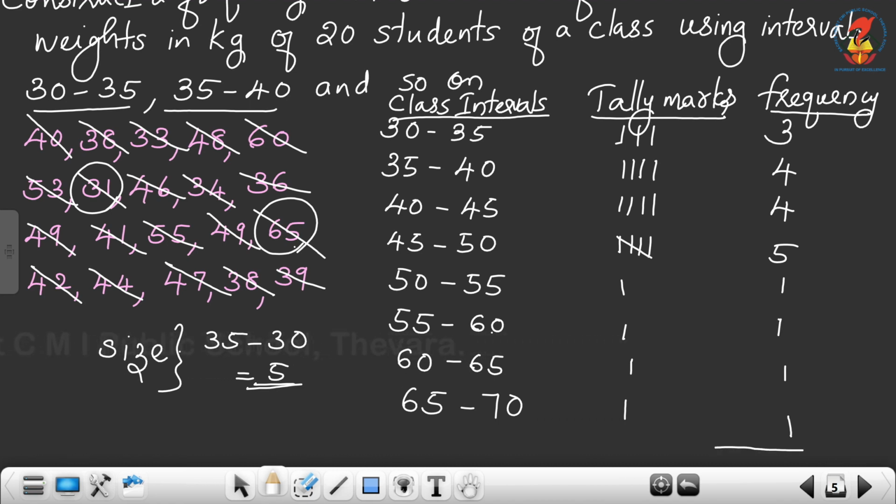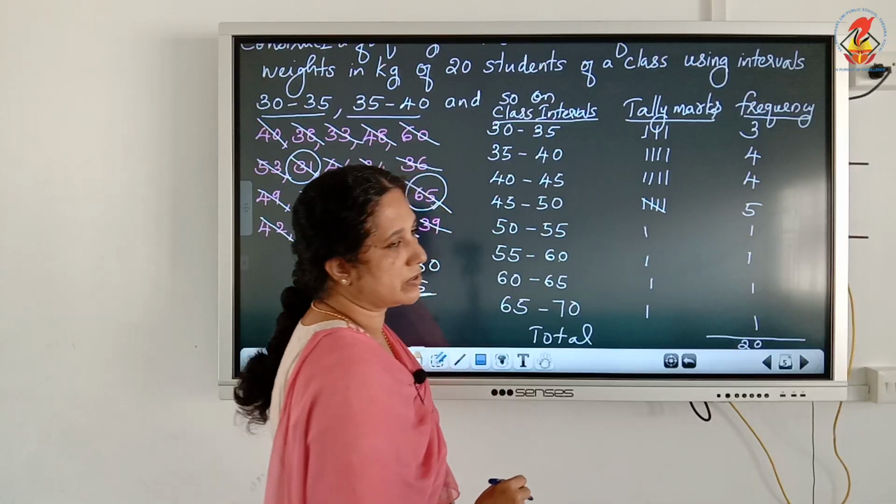Adding it up: 2, 3, 4, 5 plus 4 is 9, 9 plus 4 is 13, 13 plus 4 is 17, plus 3 is 20. So the total is equal to 20.